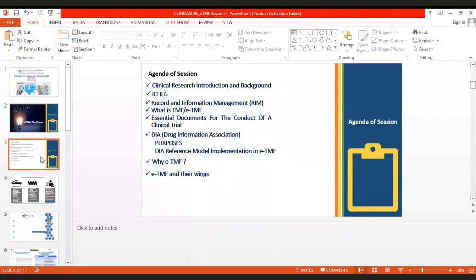Why is it required? So any idea about clinical research or the phases or anything about clinical research? Anyone? Not in detail, but yes, briefly.